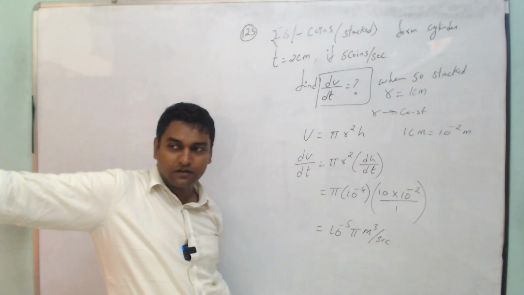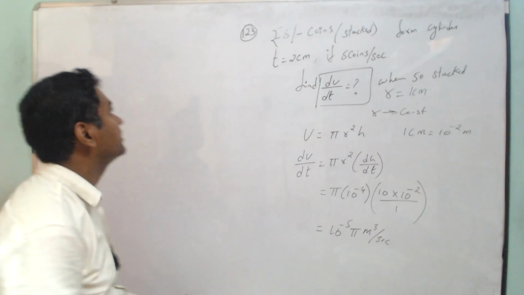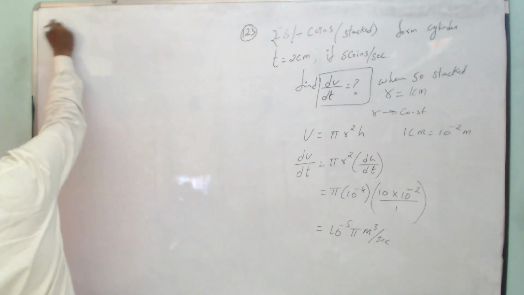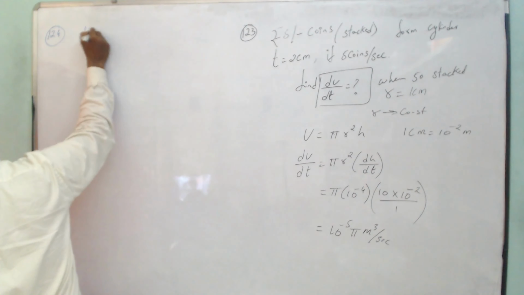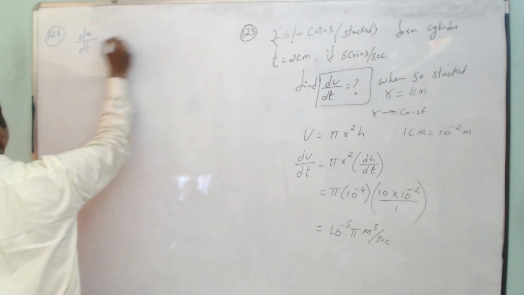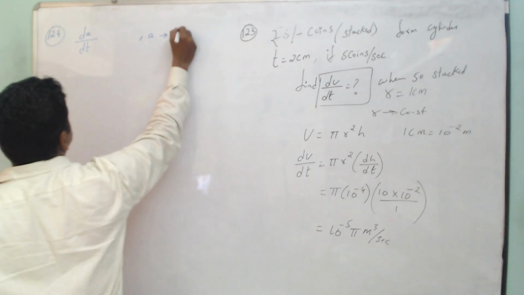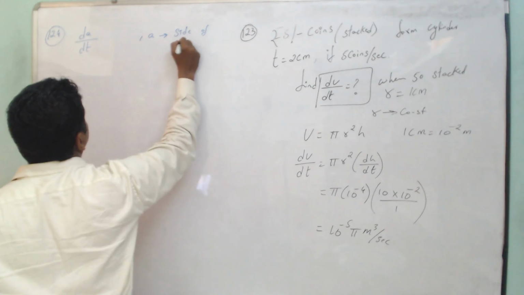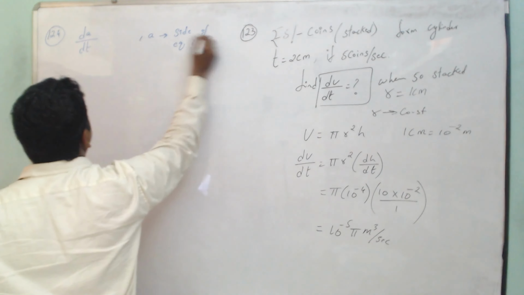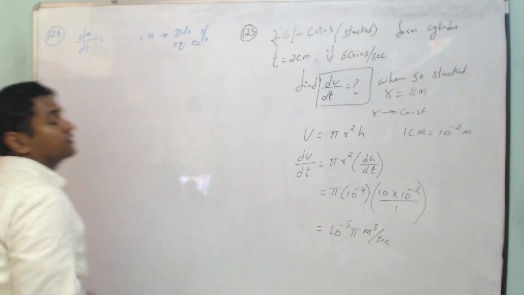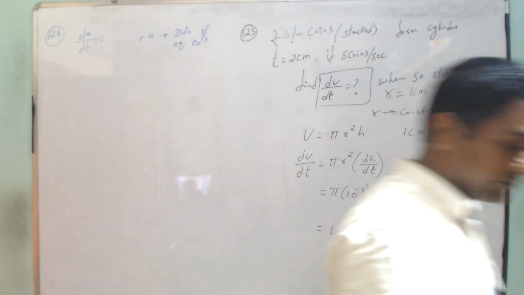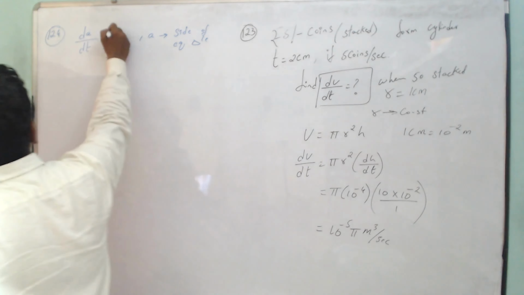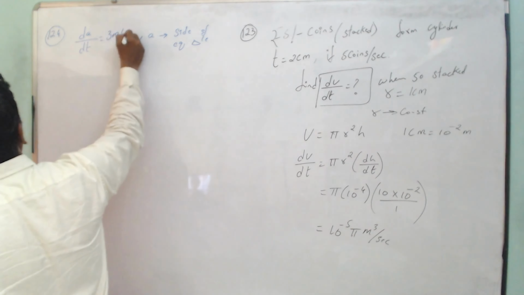Fine? I'll give a simpler one. The rate at which the side of an equilateral triangle, where a is the side of the equilateral triangle, varies is, take it as 3 meters per second.